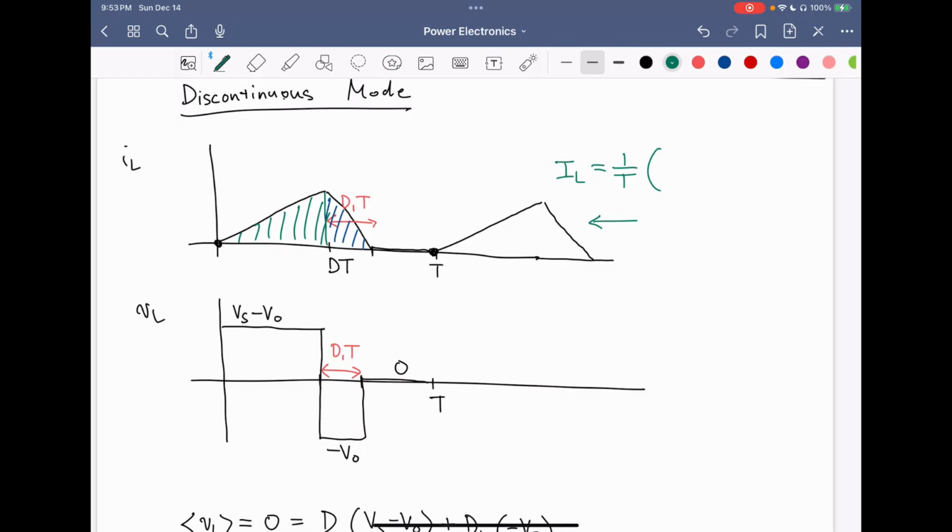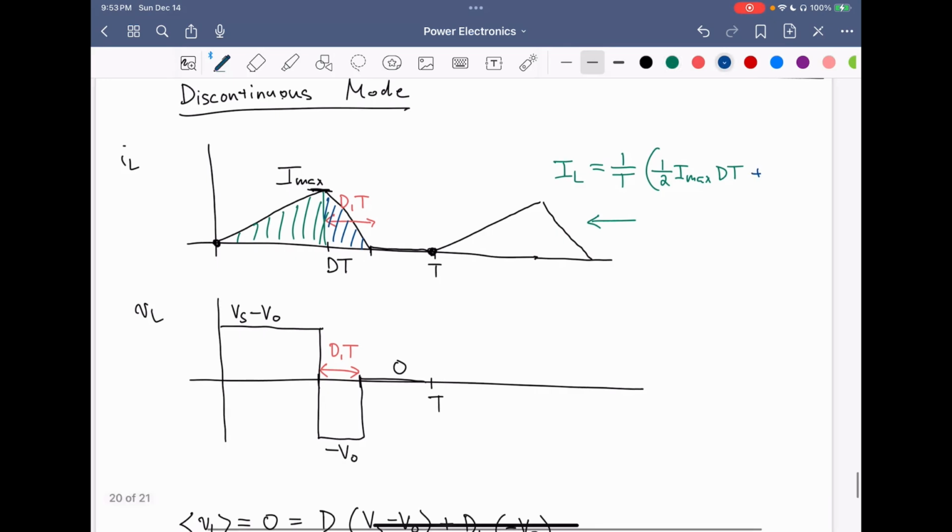So if this is I max, then the area of this triangle is equal to half times I max times dT. And then the area of this blue triangle is equal to half times I max times d1T.